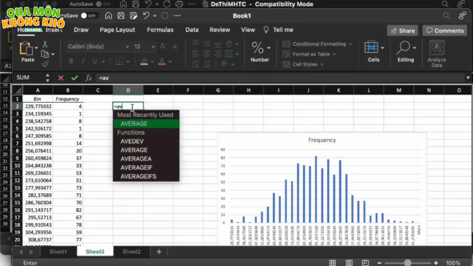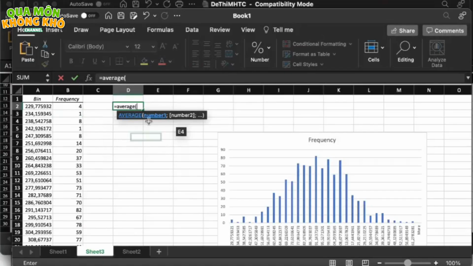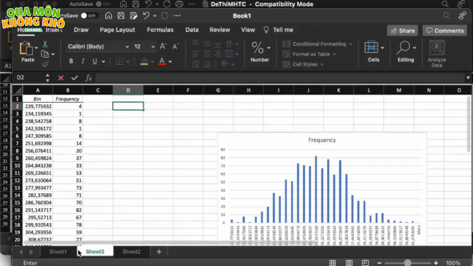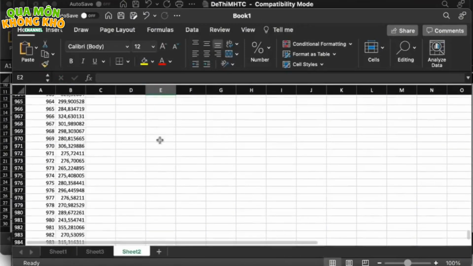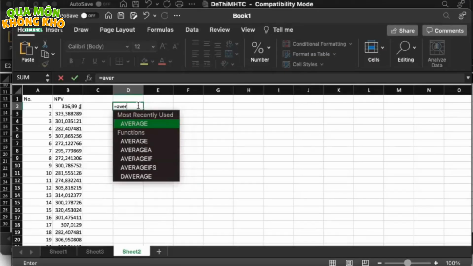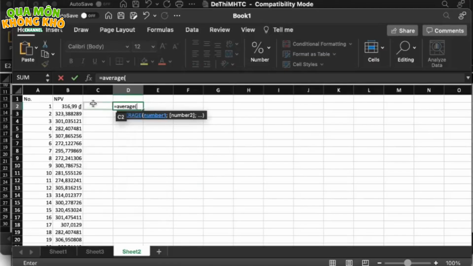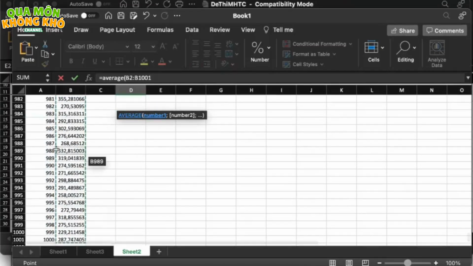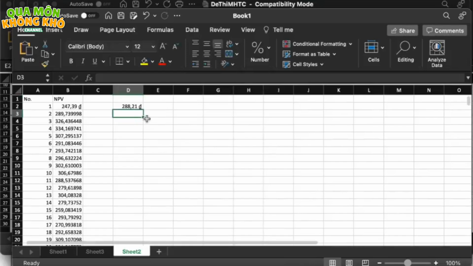So we use the average to calculate the mean value. So just press Control Shift and the arrow down. So that's it. Cover the block, 1000 MPV.